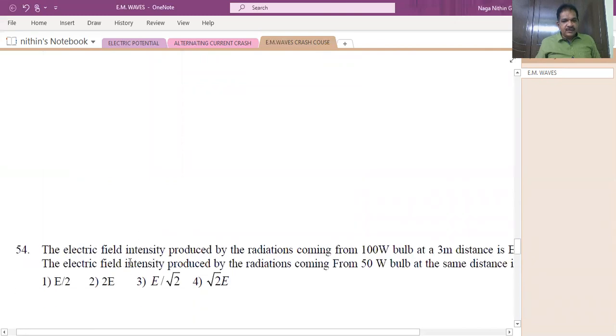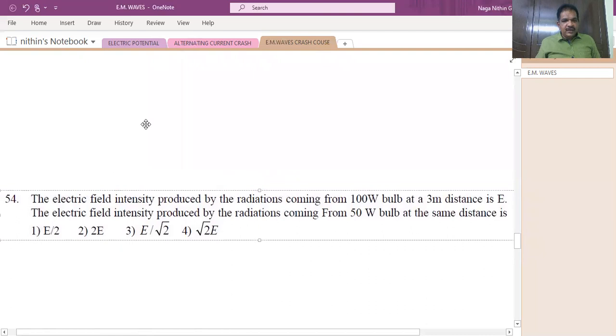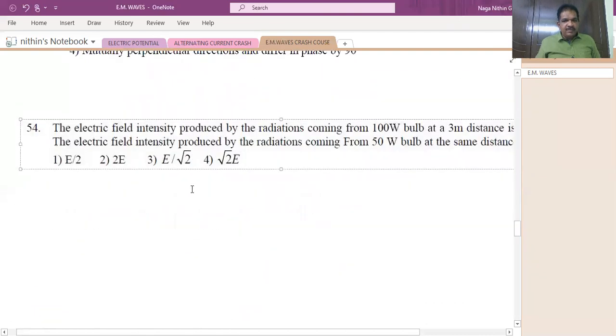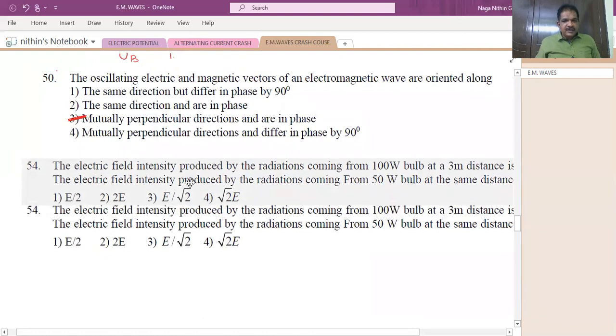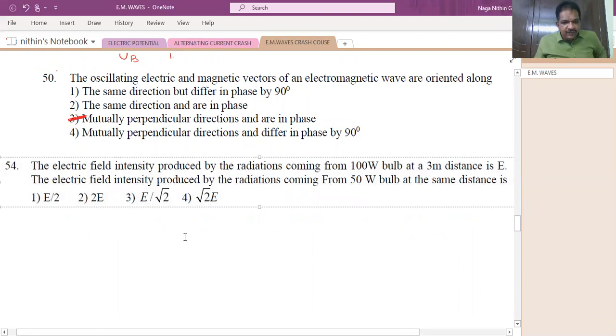Next question. The electric field intensity produced by the radiation coming from a 100-watt lamp bulb at a distance of 3 meters is E. The electric field intensity produced by the radiation coming from a 50-watt bulb at the same distance is what?